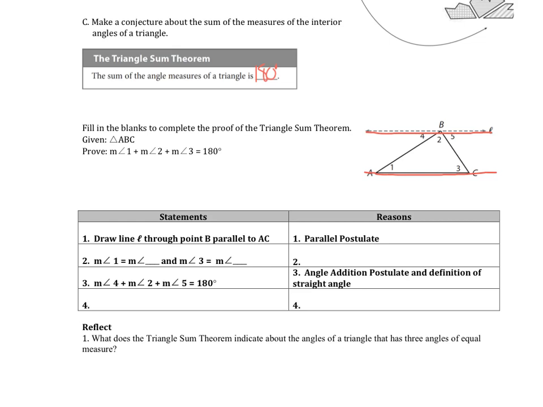And then in step 2 it says measure of angle 1 is congruent to what angle? So 1 is congruent to 4. And then as we look at it, they then ask about 3, which we're going to use this line now. So then 3 is going to be congruent to what angle? 5.